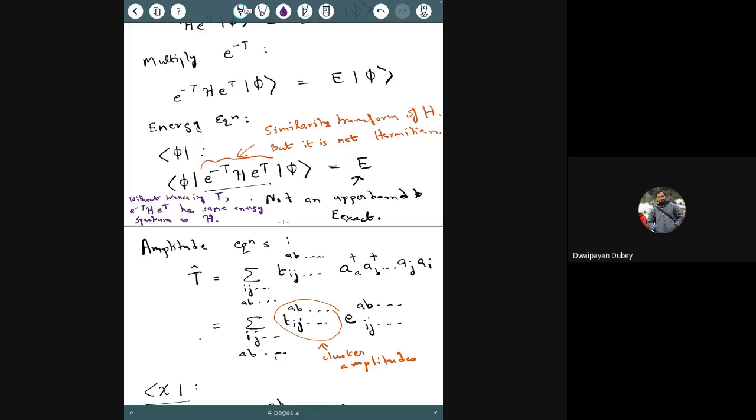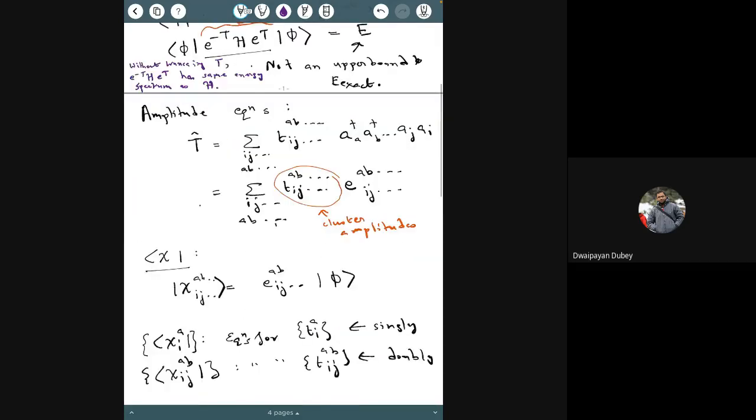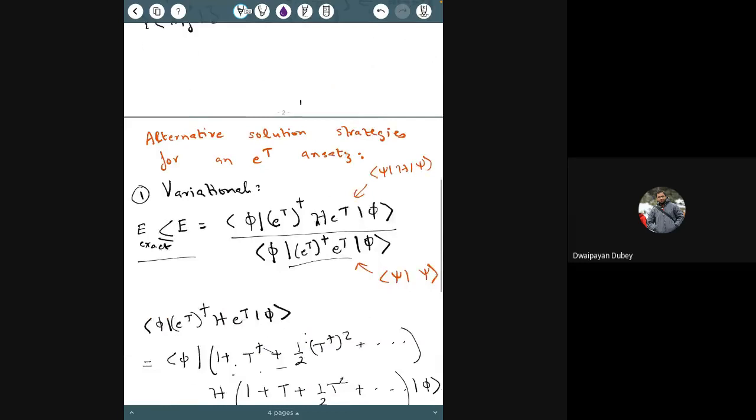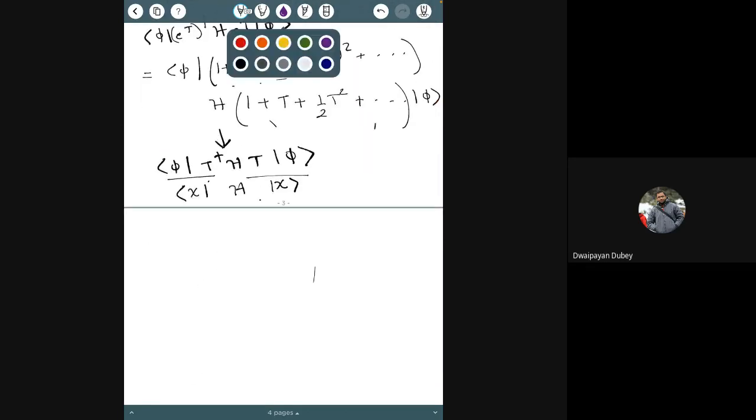Now, from this sort of hiccup in the theory, to avoid this, a second alternative approach was envisioned, which is unitary coupled cluster.